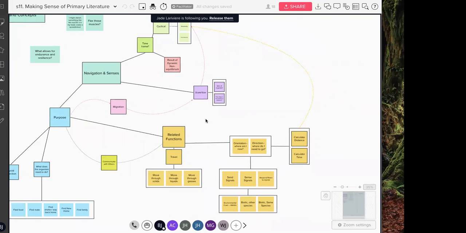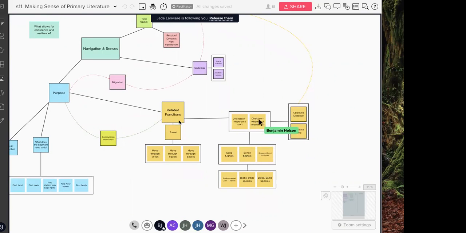One of the other points of doing this, aside from waking up my brain and making those connections and getting my neurons firing, is to also generate keywords. Because that's going to be really important when you're finding the right research, is knowing what words to put in there. So I was like, okay, related functions.